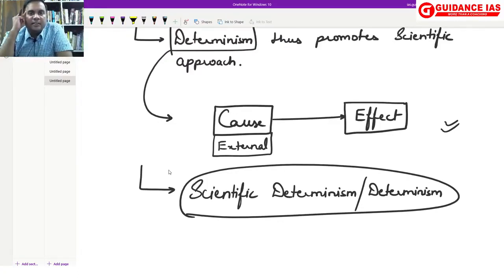Determinism is always scientific. That is one. Two, this picture always tries to establish a cause-effect relationship, and in fact, here cause is always external. That is why we said absence of free will. There is no individual. Did you understand up to here? Tell me.